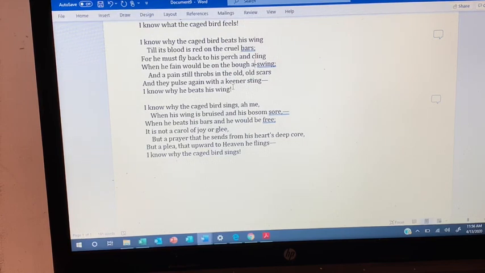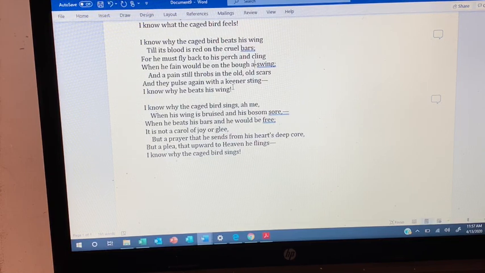So in terms of a literal meaning of a poem like this, we just see that the narrator or the speaker sympathizes with or understands the pain of the caged bird, because the narrator, like the bird, wants to be free and the narrator is imprisoned. A poem like this is just kind of open. It can mean a variety of things. There's many different kinds of prisons that exist, prisons of the mind, prisons of the body, etc. This poem can mean multiple things.